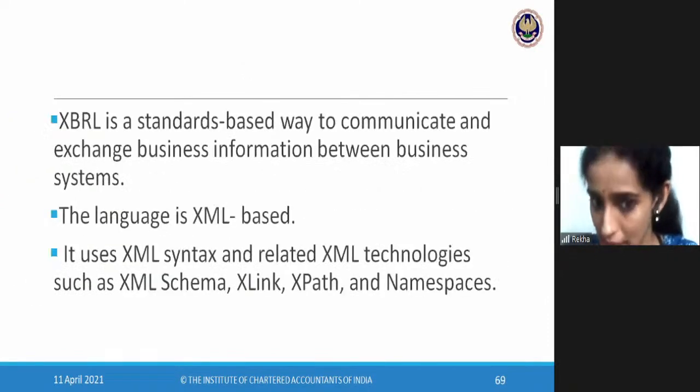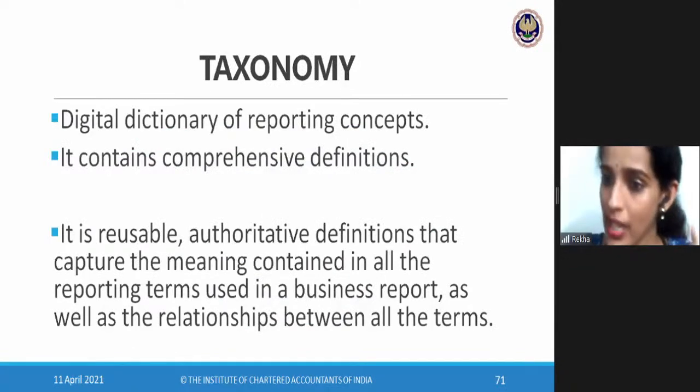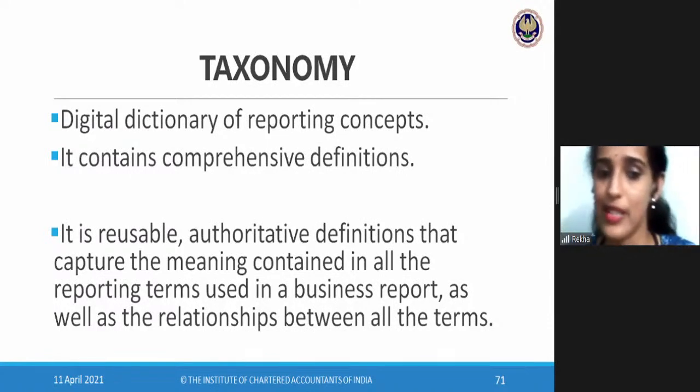There is only one particular standard here. Now there we have something called a taxonomy. Taxonomy means what? It is like a dictionary, where you can see all the meanings. Here also it is a dictionary of your accounting or reporting terms and concepts.